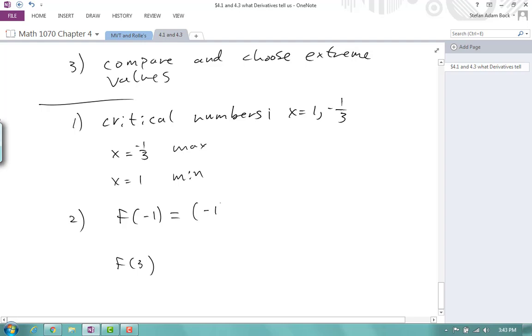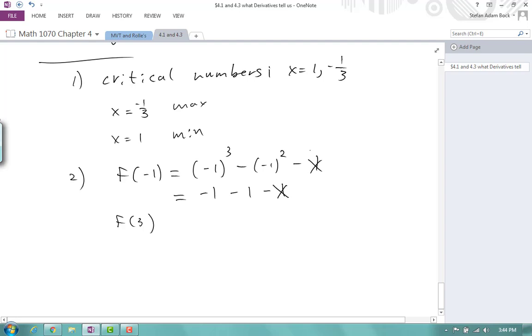So this is -1 cubed minus -1 squared minus 1, which is equal to -1 minus 1 minus 1. Hold on, that's not right. This is minus -1. So this is a plus 1 at the end here. That gives us a -1.